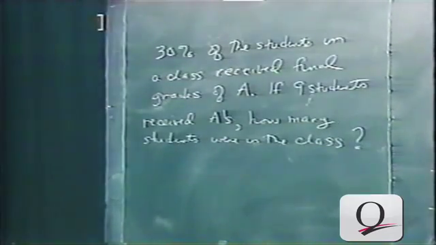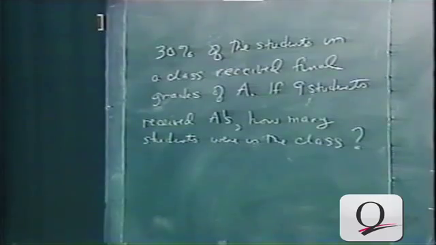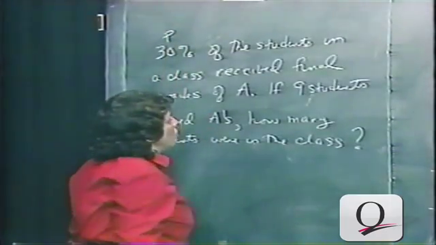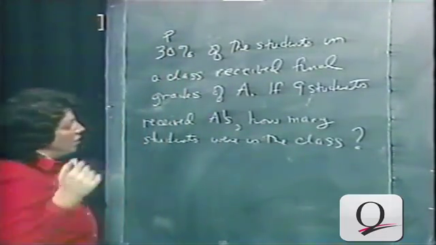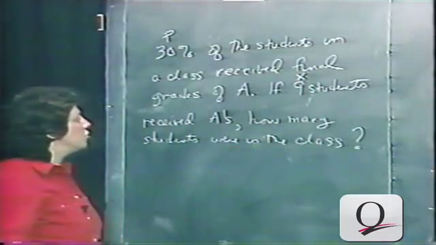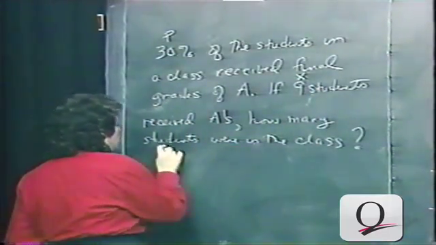30% of the students in a class received final grades of A. If 9 students received A's, how many students were in the class? Here we are being told the percent. We are told the part of the whole. We're told the X. And we want to know how many students were in the class. That's the whole class.